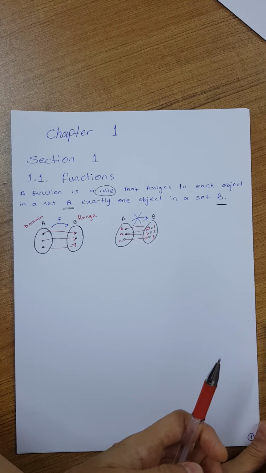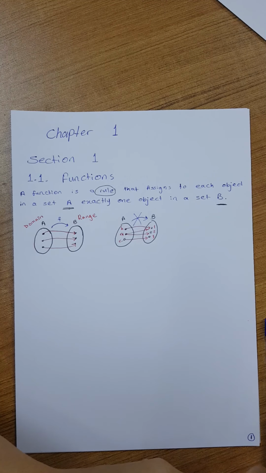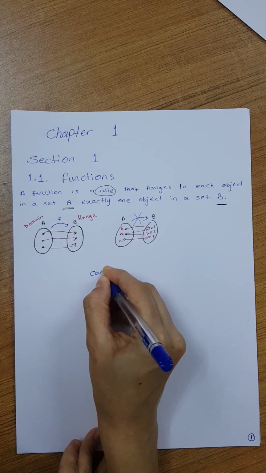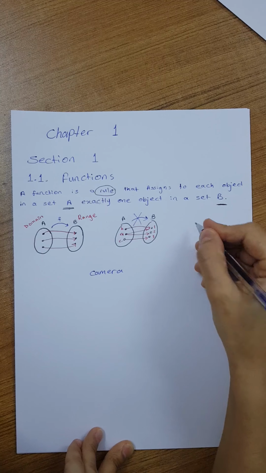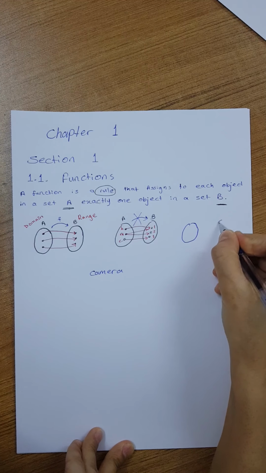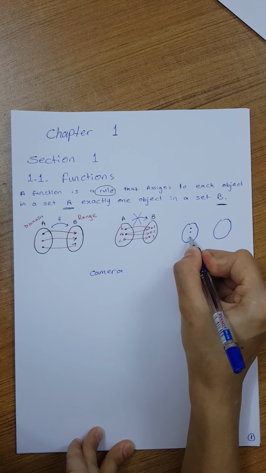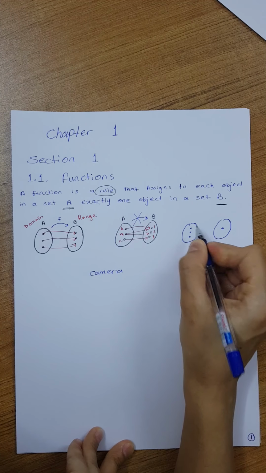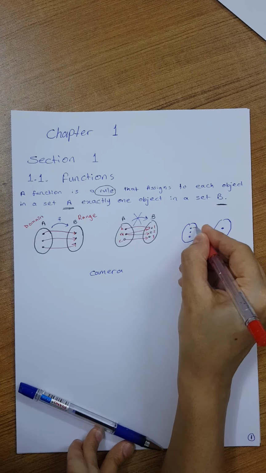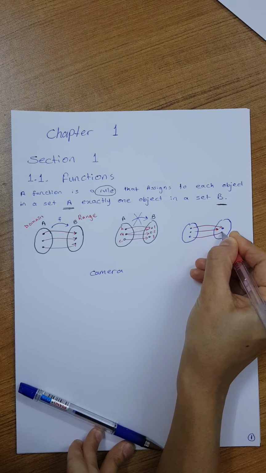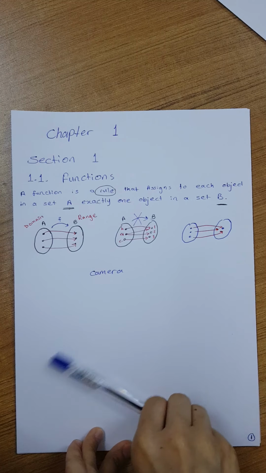You can consider a function as, we can say, a camera. If you have got a camera, let me make another example of the Venn diagram, then I will talk about the camera. If I have got 3 elements here and 1 element in here, that one is connected to this, and that one is also connected to there.